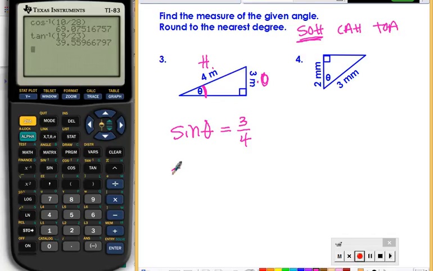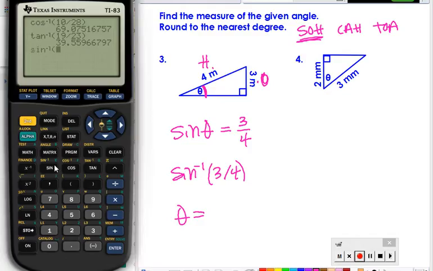We're trying to find the angle, so we do inverse sine of 3/4. I hit second sine, 3 divided by 4, and hit enter. I round to the nearest whole number, 48.59. That rounds up to 49 degrees.